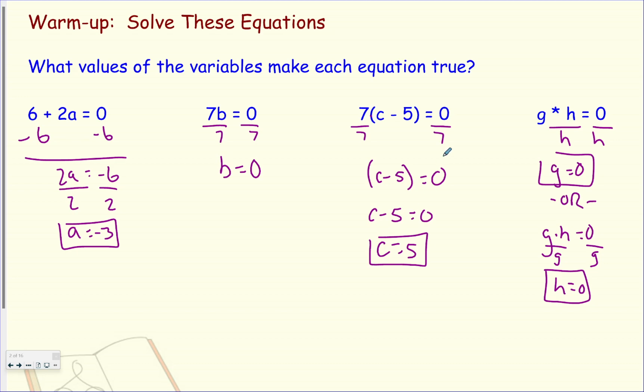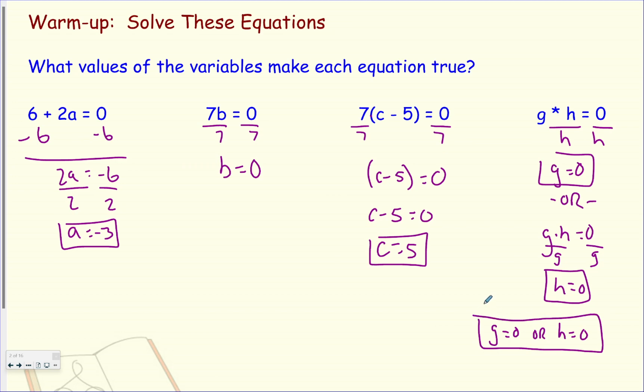So the question is, which is it? Does g equal 0 or does h equal 0? It doesn't matter. And we have to be aware that either one could be possible. So my final answer to this one is g equals 0 or h equals 0.